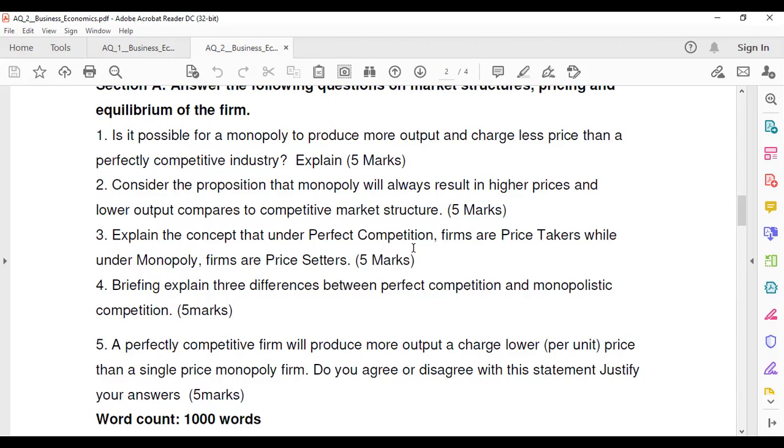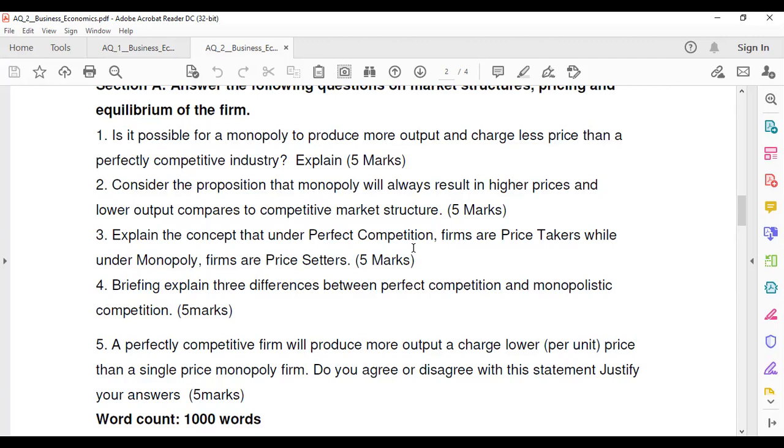So you need to give the concept of this perfect competition and firms that are price takers while under monopoly, firms are price setters. So you need to justify this statement, give your opinion with the supporting from either textbook, or you can get reference from some other journal or economic article.